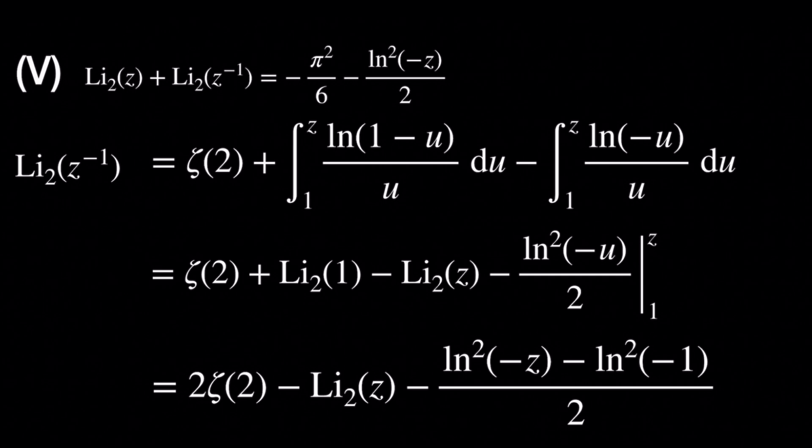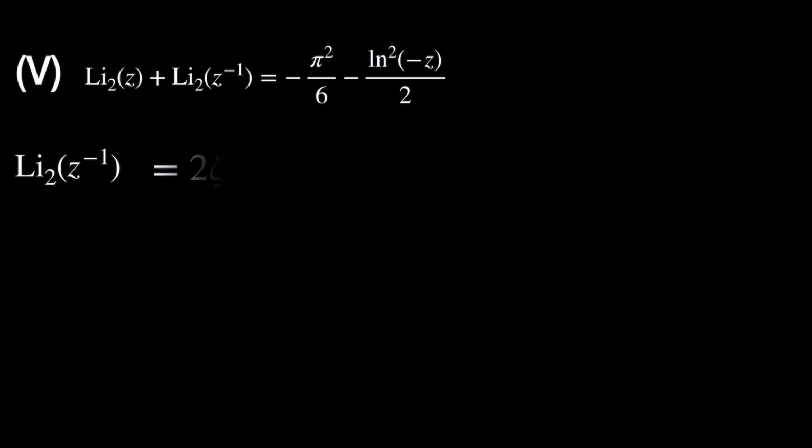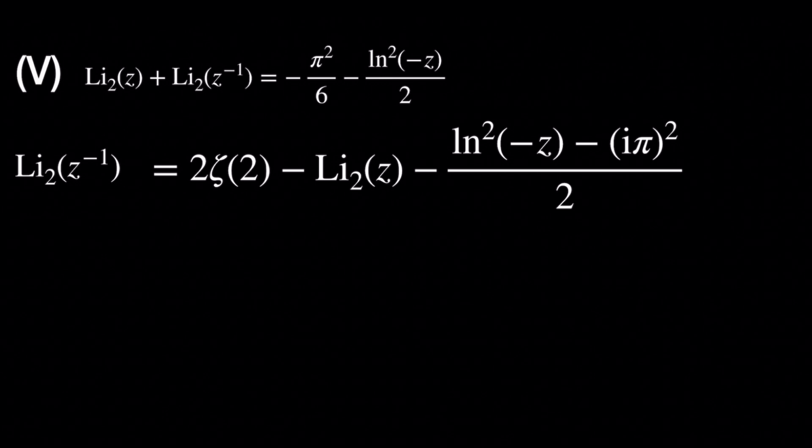So, log of negative 1 is simply log of e to the i pi. So it's going to be simply i pi. i pi squared is going to be simply negative pi squared. Okay, so we're going to simplify that. So everything else is just some computation.